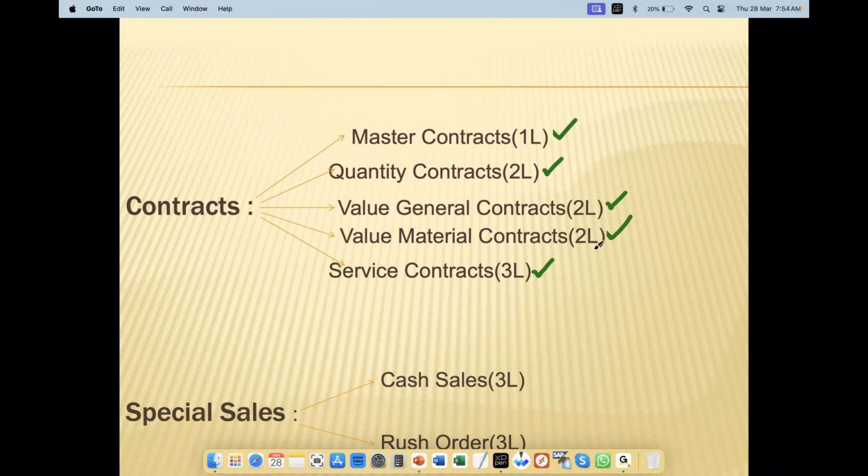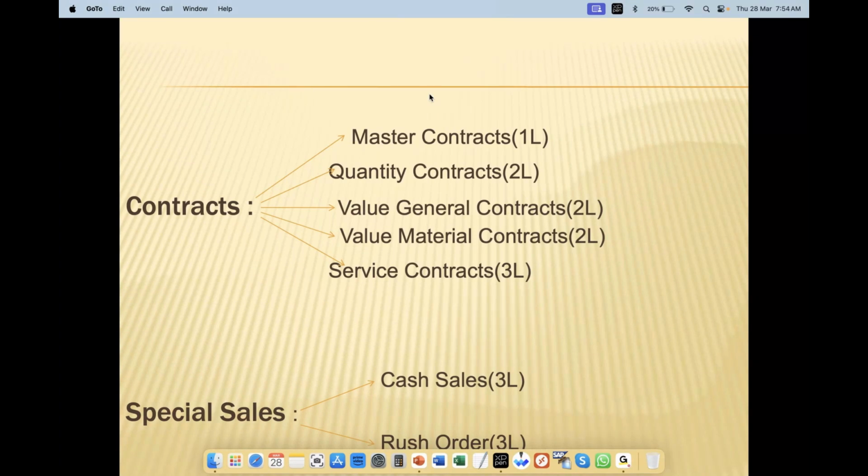So, what is the purpose of all these contracts? Now, remember, a contract is undersigned between two parties with agreed terms and conditions. Remember always.